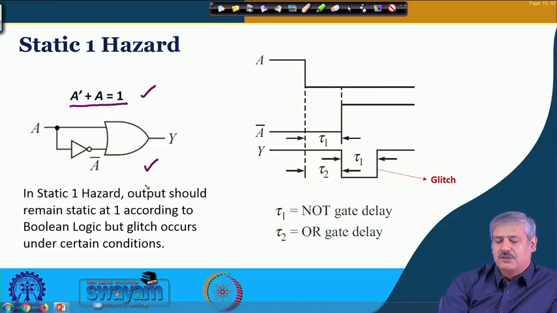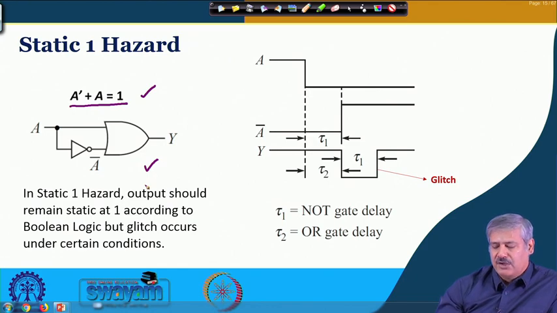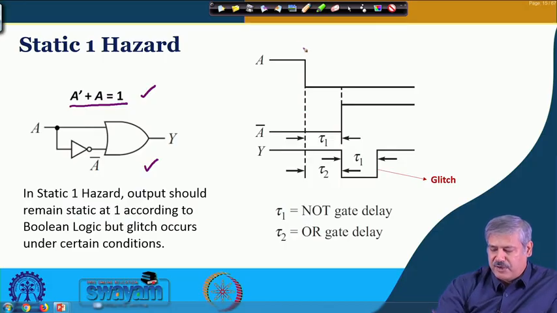Again, whatever we just mentioned, if we put it in the form of a diagram for this particular circuit: this is A going from 1 to 0 at this time point. Because of this, A bar will go high after the corresponding propagation delay, logic low to high.